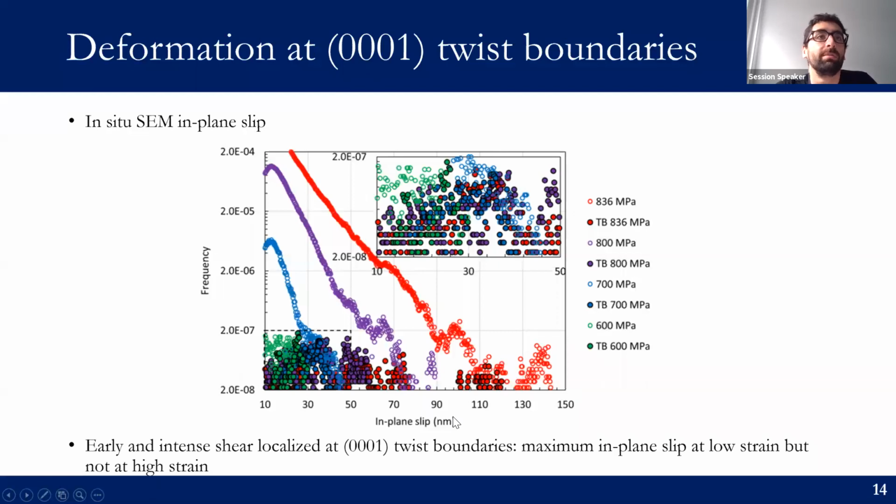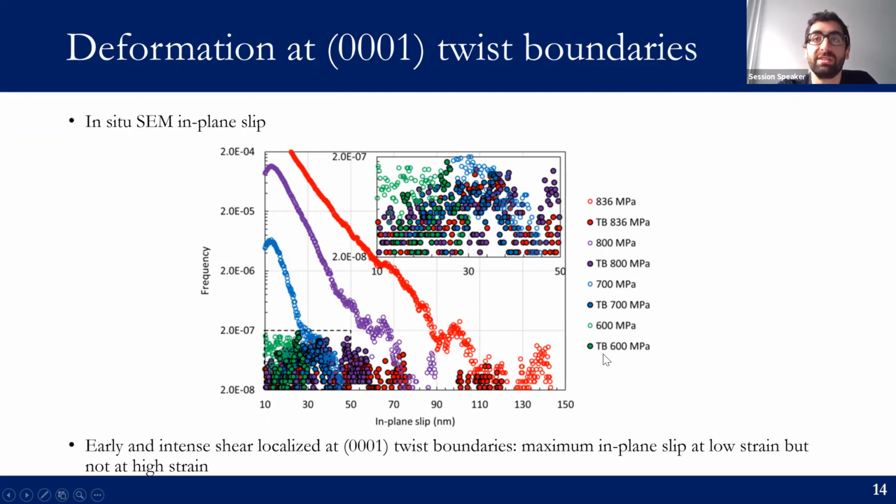Based on this data, we have extracted the distribution frequency of the in-plane slip, and this is represented in this plot. The color indicates the applied stress value. The empty symbols indicate the overall in-plane slip distribution, while the full symbols indicate the in-plane slip distribution associated with twist boundaries only.